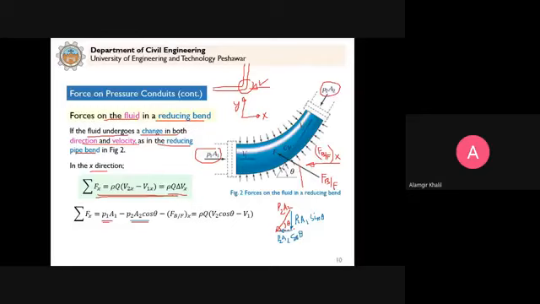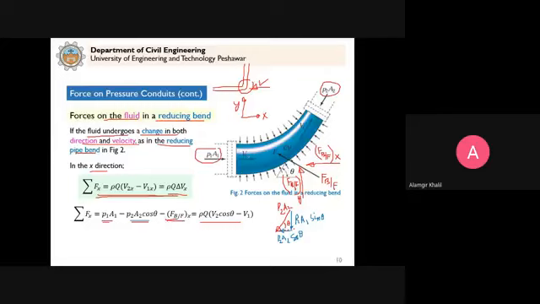And similarly, another one will be this force, the force of bend on the fluid in the y direction. So that's why we consider this as minus force of bend on the fluid in the x direction.